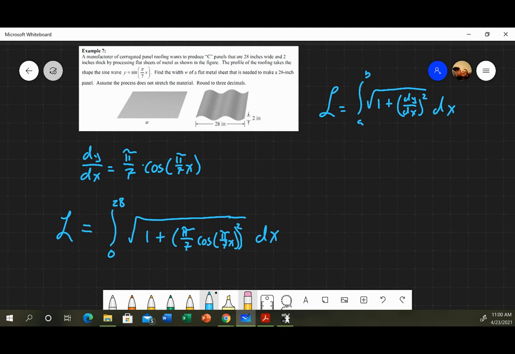The nice thing about this is that they told us that it was 2 inches thick. What does that mean for us? That means that the amplitude of the sine function is 1. What's the amplitude? The amplitude is the distance that the curve travels from the midline, okay? The amplitude has to be even, so there has to be a consistent amount that it goes up and down.